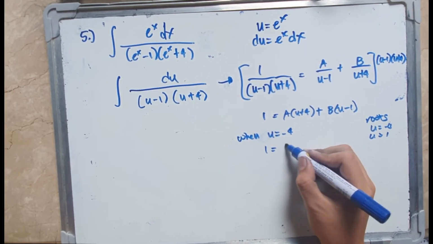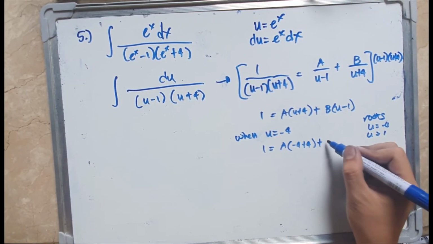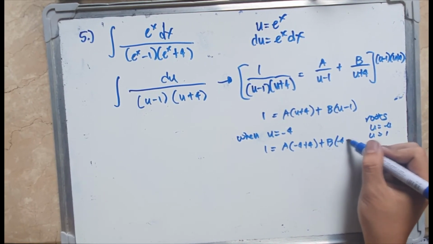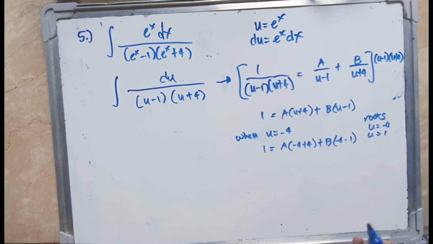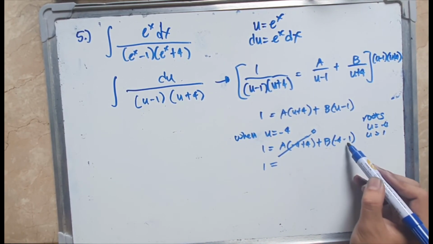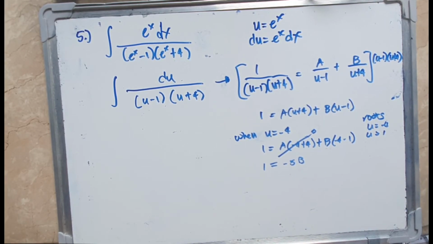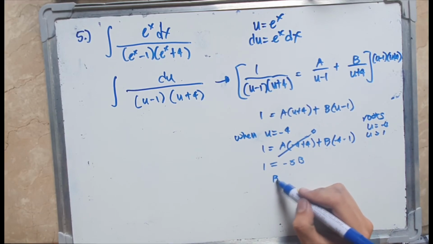One, a (-4 plus 4) plus b (-4 minus 1). Cancel, this is 0. -4, -1, -5 b. Okay, so b is -1/5.